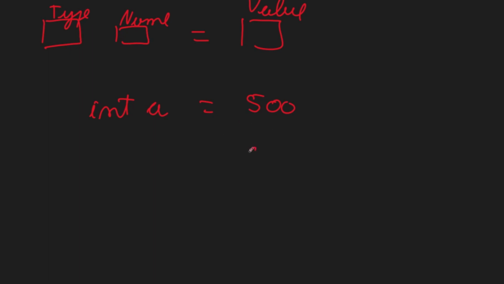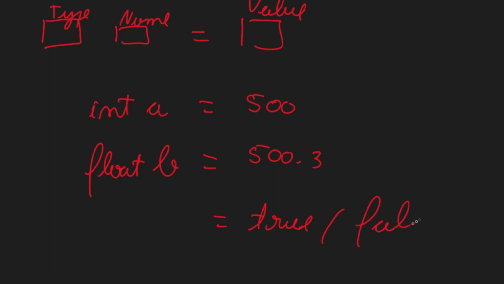What if you want to store 500.3? Well, let's say B. This is going to be a float number. What if you want to store true or false? When we talk about boolean, so C is going to be a boolean. So C is going to be true or false, or you can say 1 or 0. It's going to be the same.